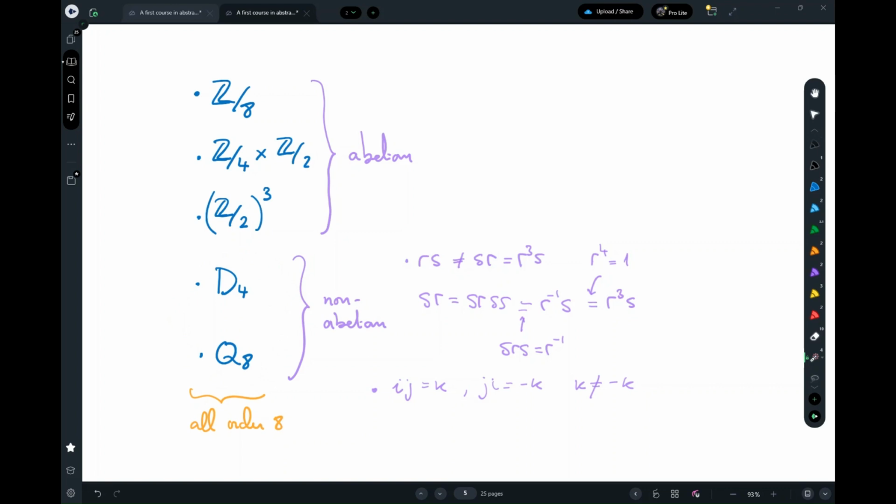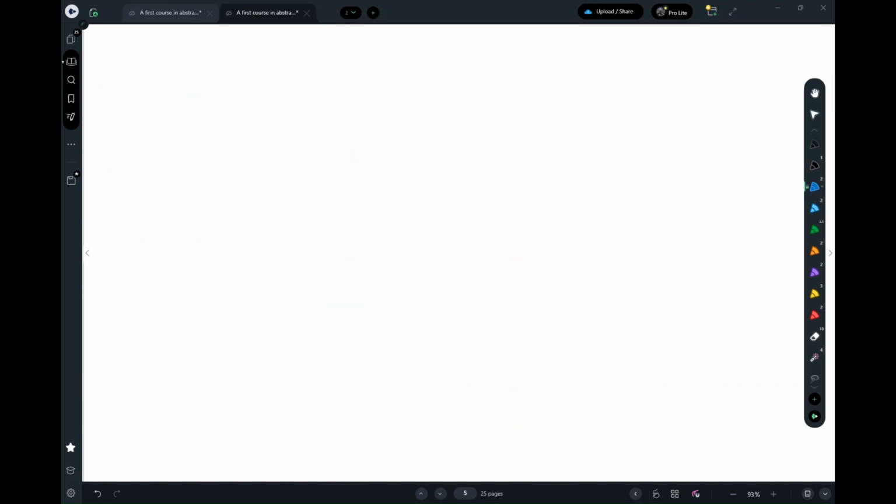For that, what I can do is to start to look at the number of elements of each order, for example. Or another way to classify this is that Z modulo 8 is cyclic. In Z modulo 8, for example, 1 under addition generates all of Z modulo 8.